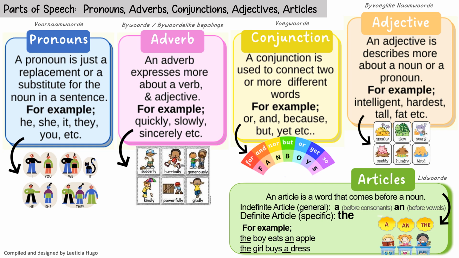If you have a look here at the little rainbow colored half moon, there's a conjunction cheat sheet. So if you remember the word FANBOYS, you will probably use it until you are matric, because each letter of FANBOYS stands for a different conjunction, which is regularly used in speech, in parts of speech and most sentences. So FANBOYS, you will see the F is for, the A is and, the N stands for nor, the B for but, the O for or, the Y for yet, and the S stands for so.